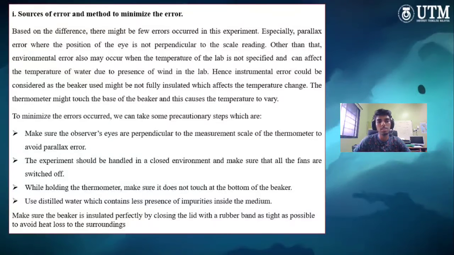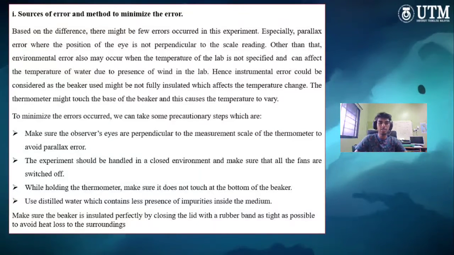So based on the difference and the result of the experiment, there might be a few errors that occurred in this experiment, especially parallax error, where the position of the eye is not perpendicular to the scale reading. Other than that, environmental error may also occur when the temperature of the lab is not specified and can also affect the temperature of water due to the presence of humidity or wind in the lab.